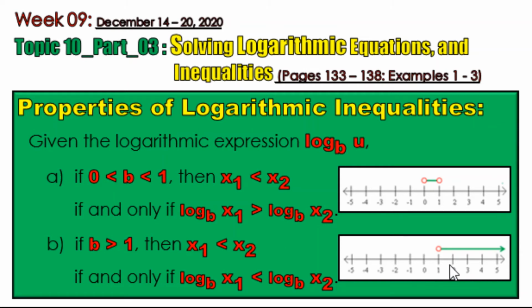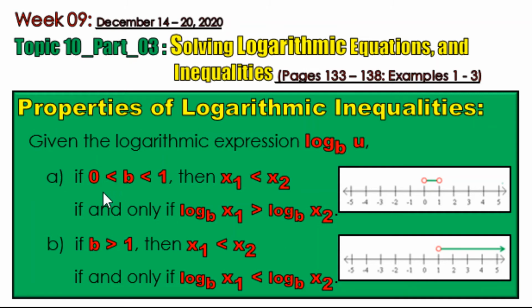For b between 0 and 1, x sub 1 is less than x sub 2 if and only if the logarithm of x sub 1 to the base b is greater than the logarithm of x sub 2 to the base b. And if your b is greater than 1, we have x sub 1 less than x sub 2 if and only if the logarithm of x sub 1 to the base b is less than the logarithm of x sub 2 to the base b.